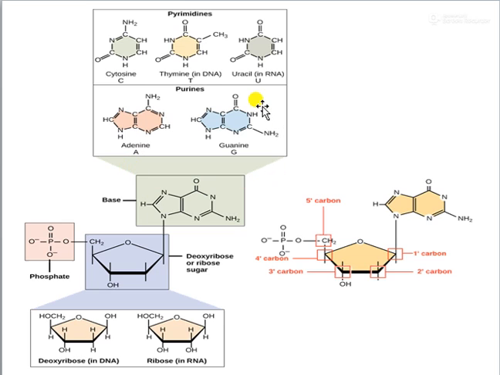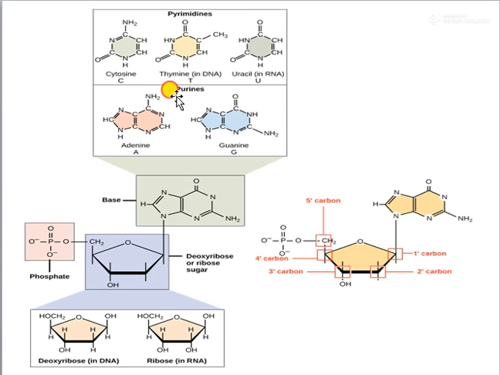Basically, I have told you that there are three important things in a single nucleotide. The first one is the nitrogen base. Nitrogen bases are mainly of two types. The first one is known as pyrimidines, and the second one is purines.